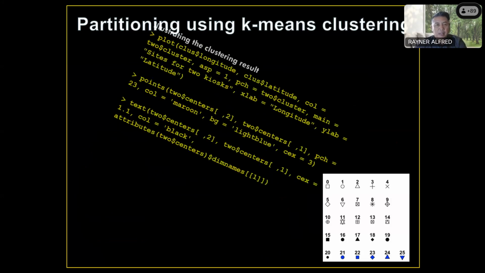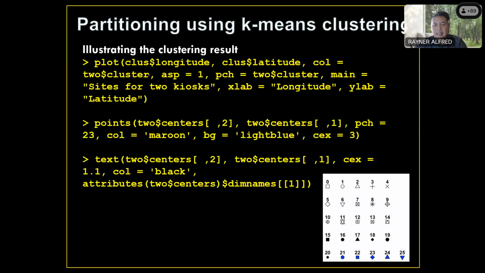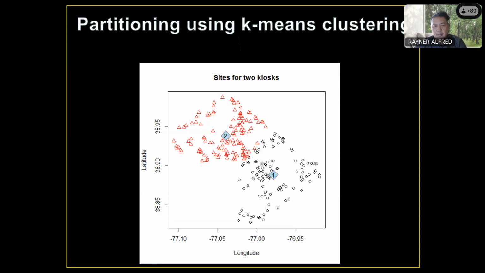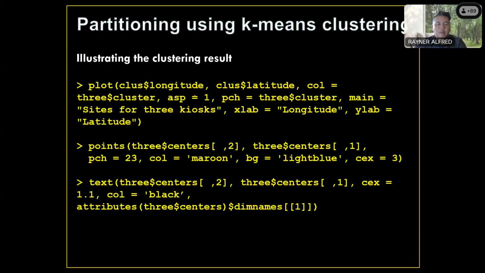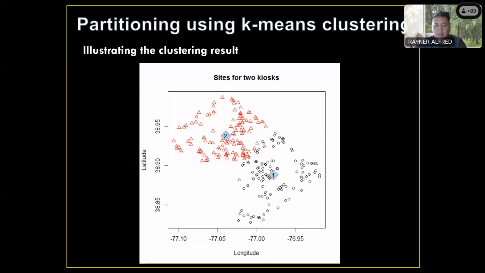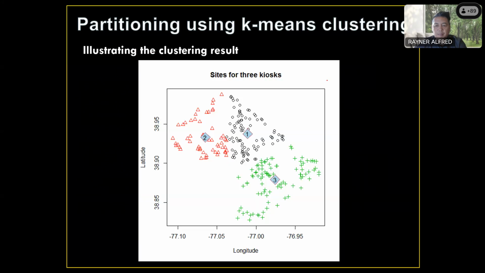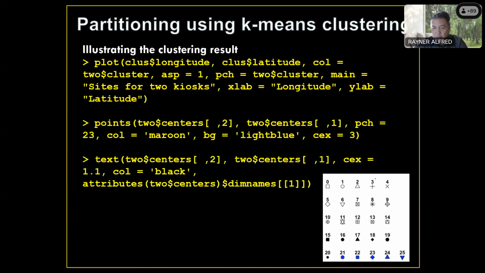Now we want to visualize them. The first plot shows all the members of your cluster, and it looks at the type of symbol that we use. Since we have clusters 1, 2, 3, if we look at the previous one, we are looking at symbol 1, 2, 3.